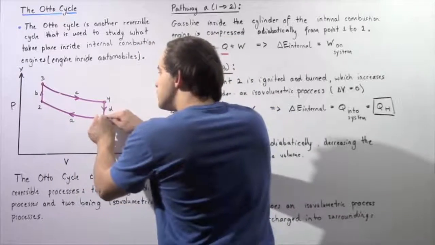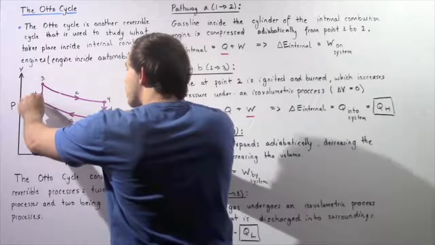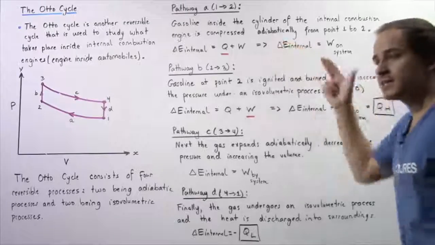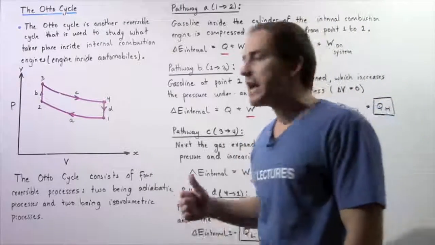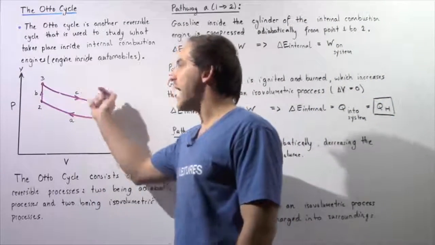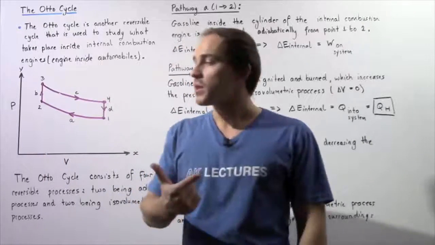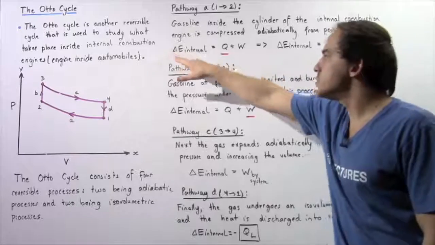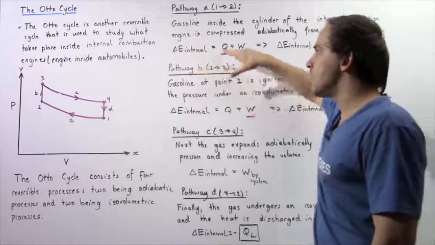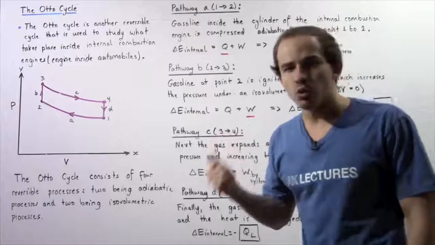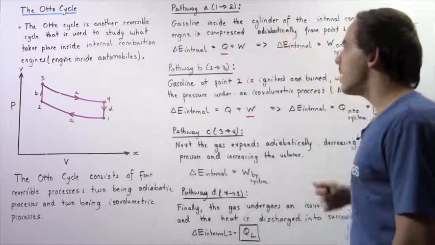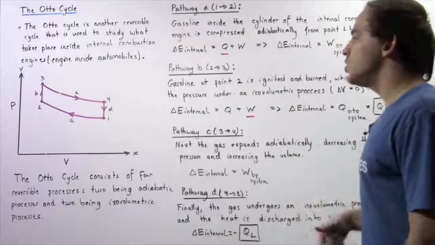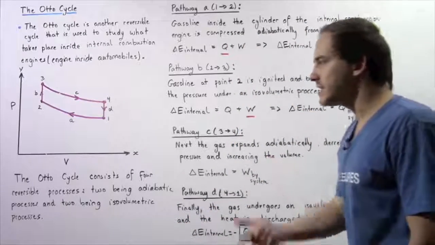Notice the volume decreases and the pressure increases. Now, because we're dealing with an adiabatic process, that means the heat that flows into our system or out of our system is 0. Recall, according to the first law of thermodynamics, the change in internal energy of our system is equal to Q plus W. Q is the heat flow into our system, and W is the work that is done on our system.